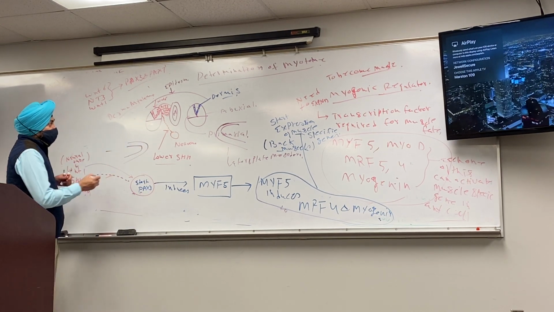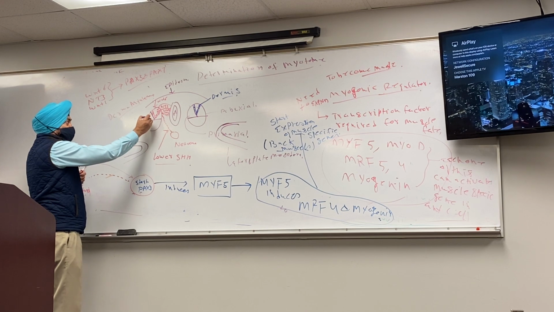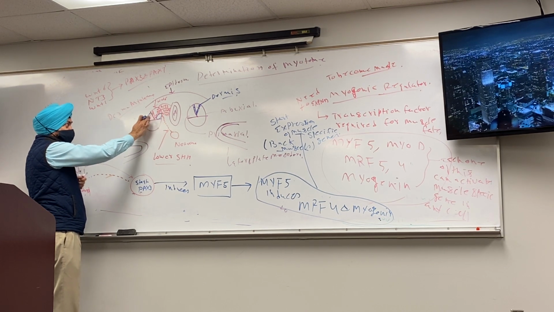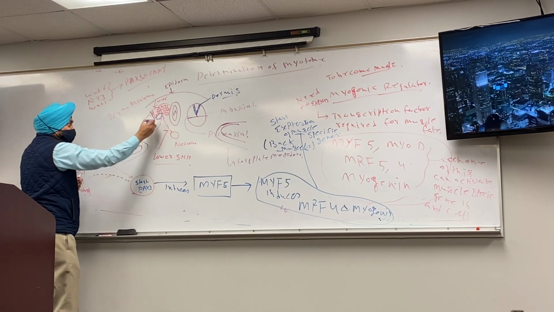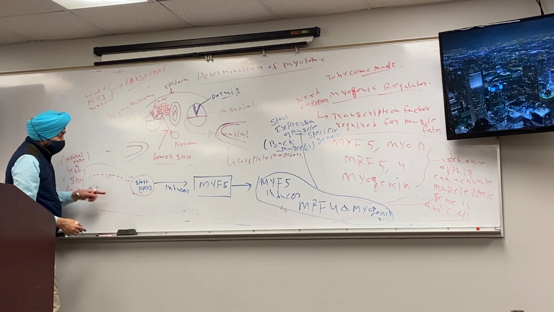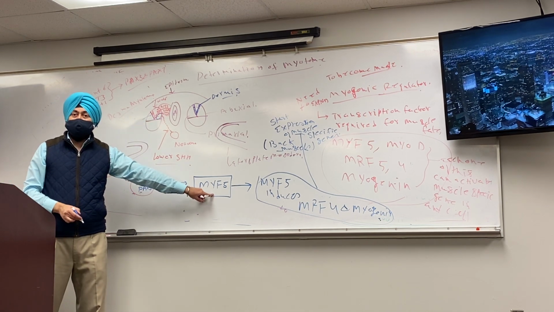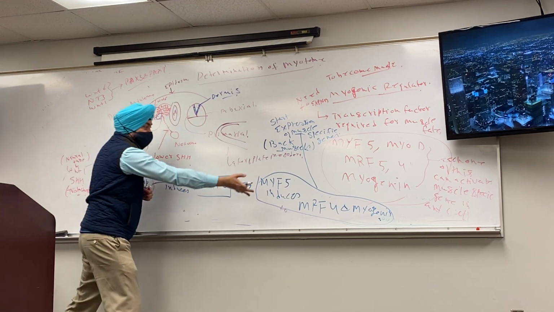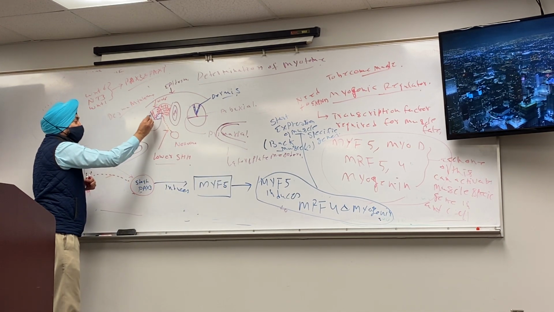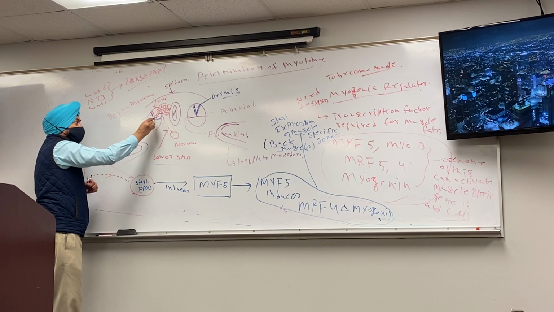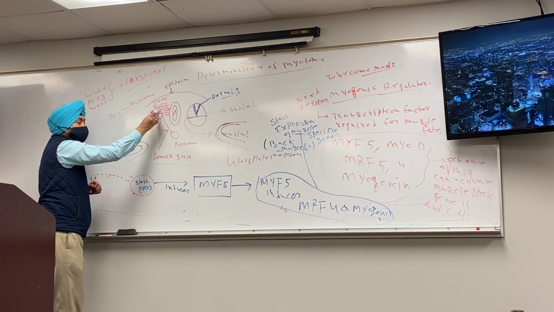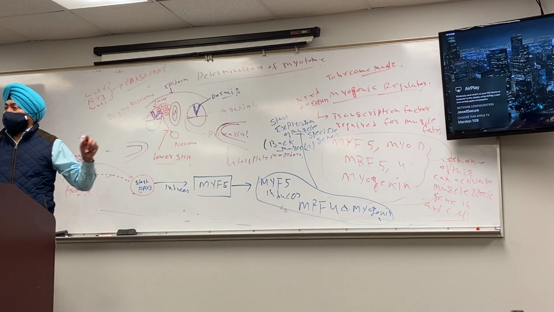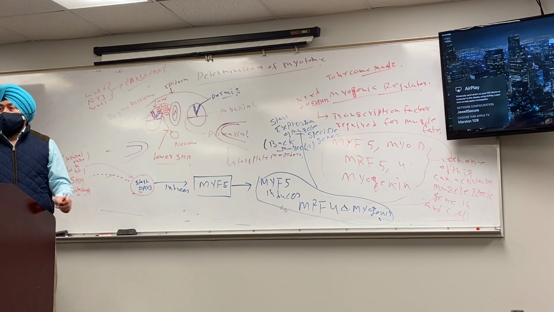That happens because right here, under the expression of PAX3, we'll talk about this also in a minute, in the paraxial area these cells are starting to make MYF5. So MYF5 is here, then other muscle specific genes are activated. So those genes influence these peripheral cells which are here. Remember? So that's why these cells become dermis.